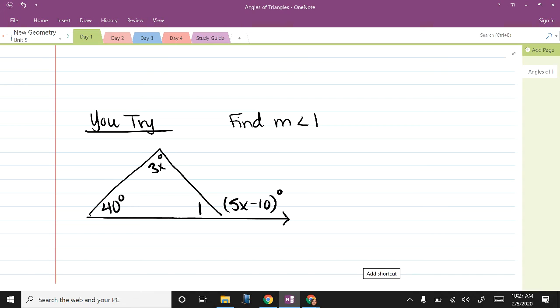Right? So after you get X, first of all, you could do the triangle sum theorem and do this plus this and subtract from 180 to get this, right? Or you can get this and subtract from 180 because those make a linear pair. Does that make sense? All right, y'all go for it.